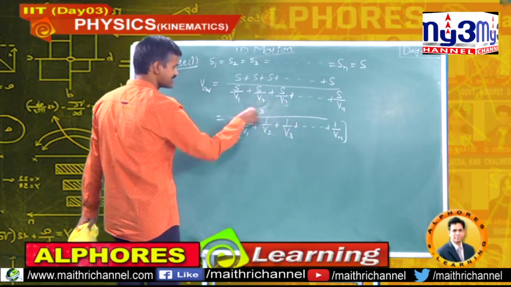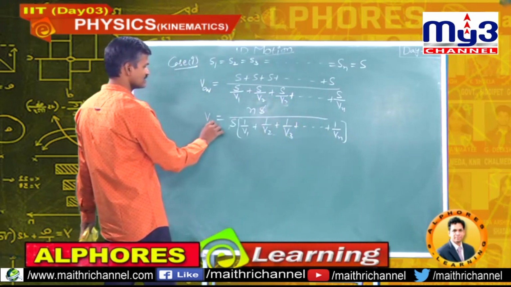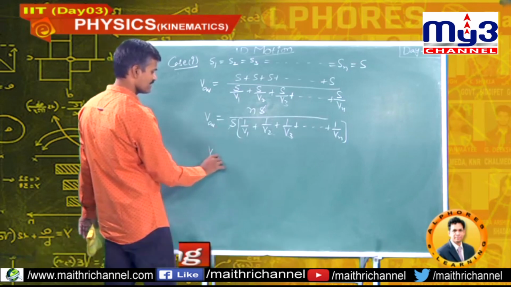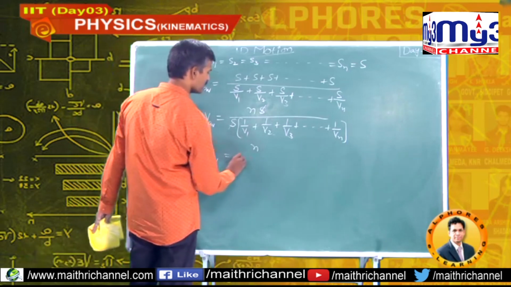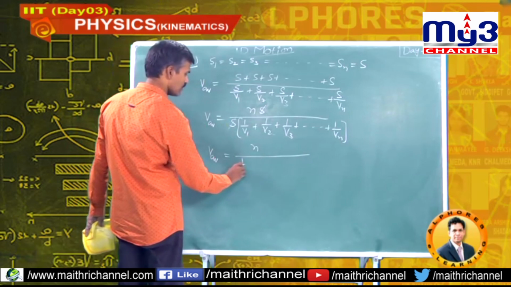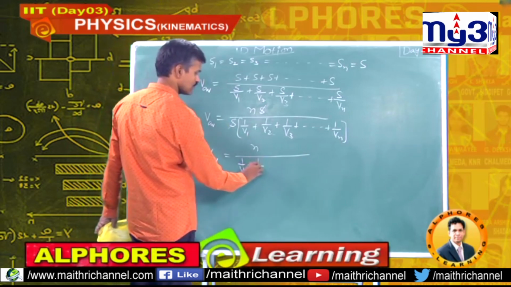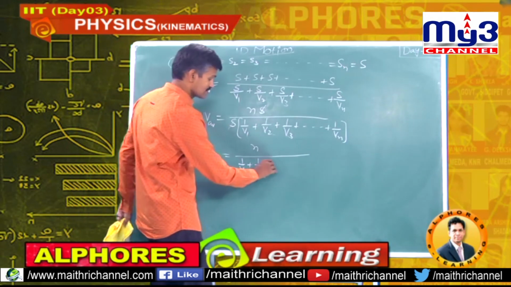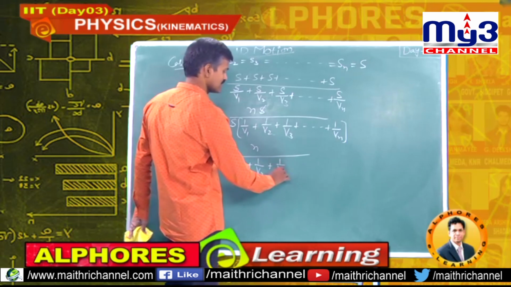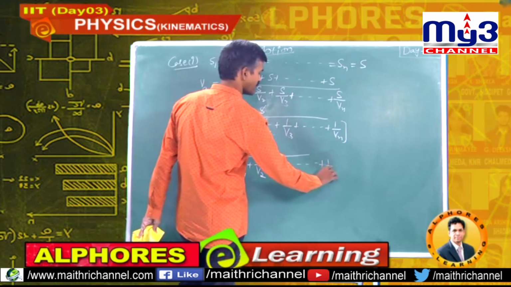This S gets cancelled. So the average speed V average is n by 1 by V1 plus 1 by V2 plus 1 by V3 and so on plus 1 by Vn.